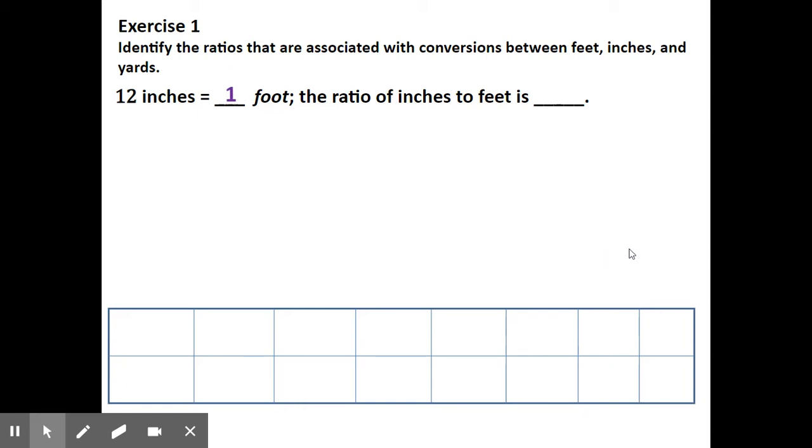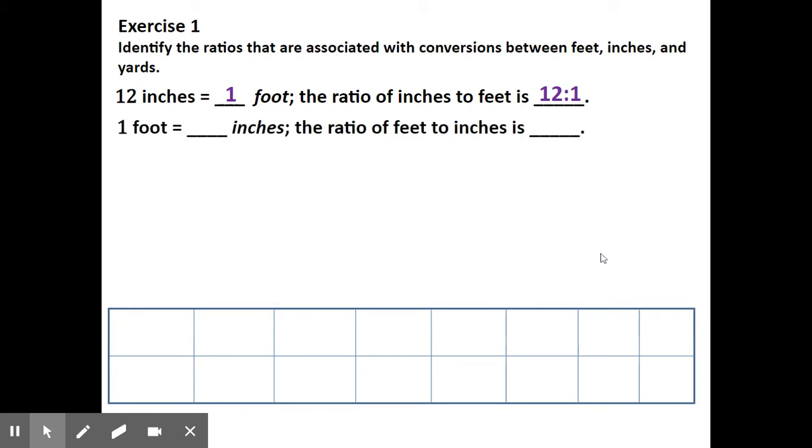It is 1 foot. And then the ratio of inches to feet would be 12 to 1. What if we do it in reverse though? 1 foot is how many inches? 12 inches. So therefore the ratio of feet to inches is the reverse, 1 to 12.